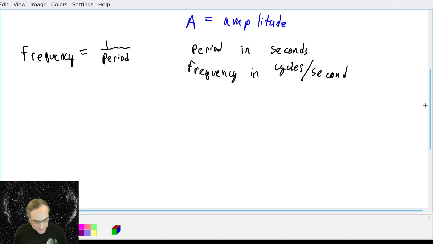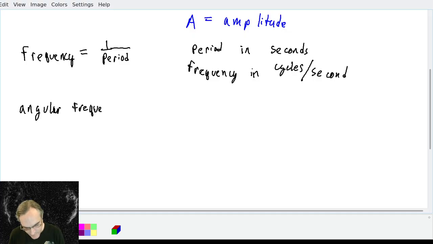Alright, we need a bit more than that though. Cycles per second can be turned into other things, and perhaps the most important thing it can be turned into is angular frequency. As we'll see in a later section, angular frequency, which I do want to make look a little more like a proper omega, is equal to 2 pi times the frequency.